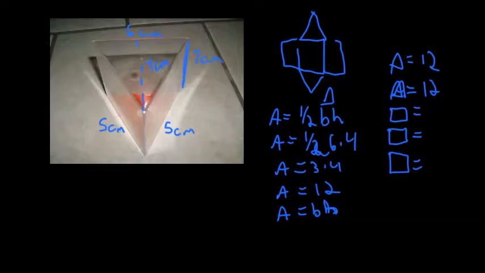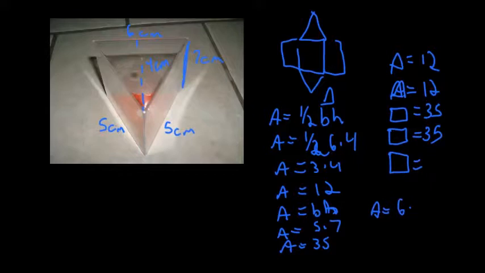So I'm going to have 2 rectangles that are 5 by 7 and one that is 6 by 7. So area equals 5 times 7. So that would be 35 for my first one and my second one. And then my third one, area would equal 6 times 7, which would be 42.